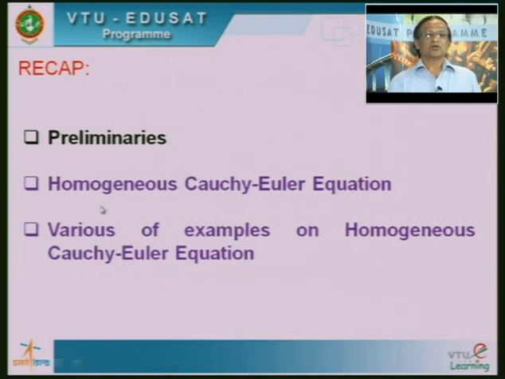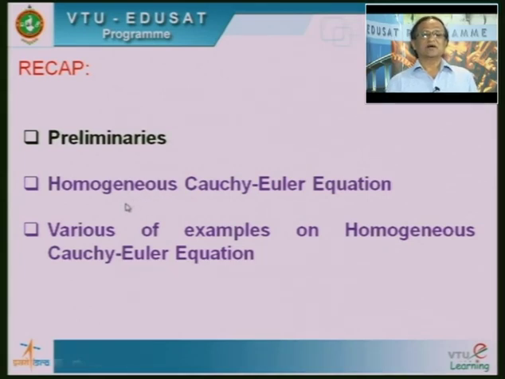So, you may ask how we recognize a homogeneous Cauchy linear equation. In a linear differential equation with variable coefficients, the right hand side must be equal to 0. Then you may call it a homogeneous Cauchy-Euler equation, and along with that you can identify the power of x and the derivative.